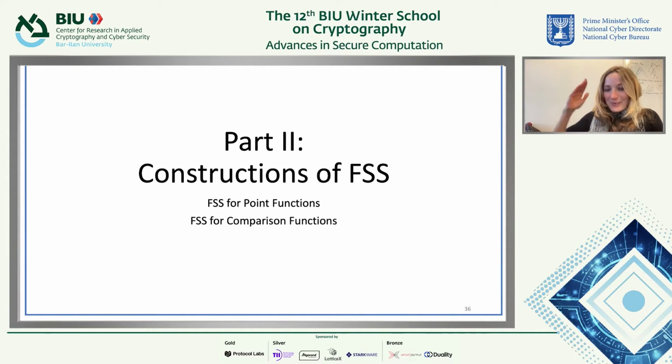Okay, so proceeding forward with part two. Now that I've got you guys all into this function secret sharing notion, I want to show you how you can actually construct this. And as I mentioned, there were all these different levels of complexity and richness of function classes that we can get for function secret sharing, or its related notion, homomorphic secret sharing.